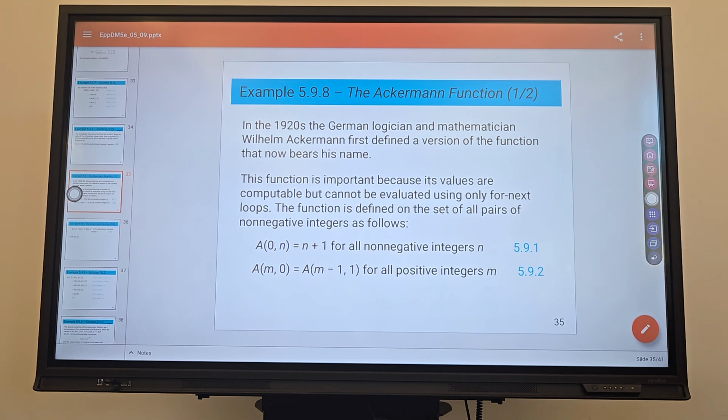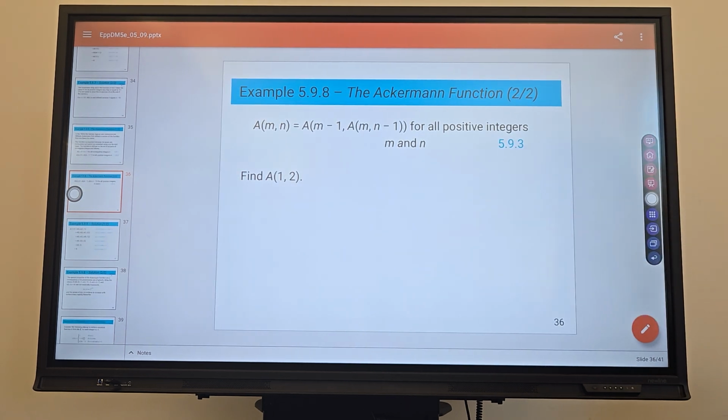A of 0, n equals n plus 1. A of m, 0 equals A of m minus 1, 1 for all positive integers m. And then A of m, n equals A of m minus 1, A of m, n minus 1 for all positive integers m and n.